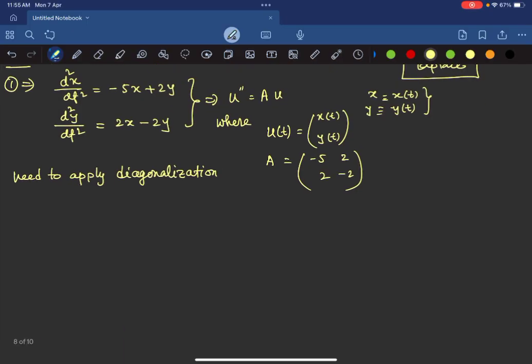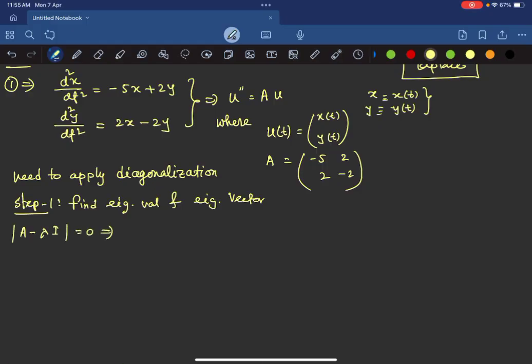So first, step one: find eigenvalues and corresponding eigenvectors. For that, first thing will be to write the characteristic equation, det(A minus lambda I) equal to 0.